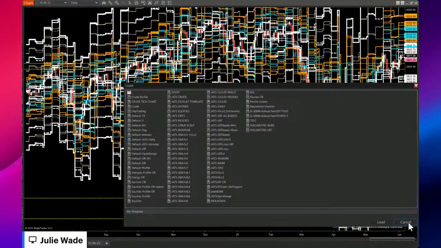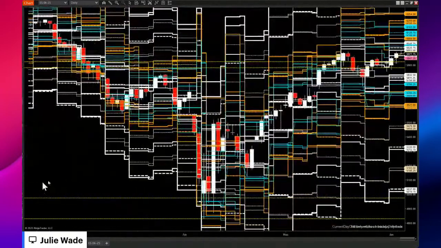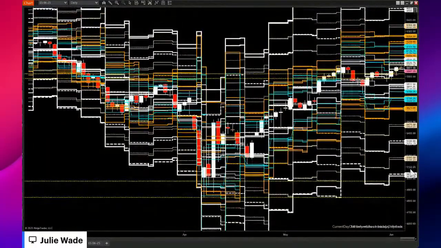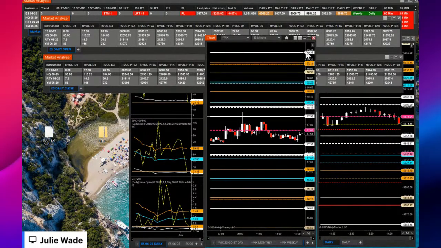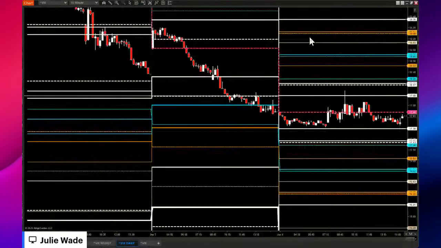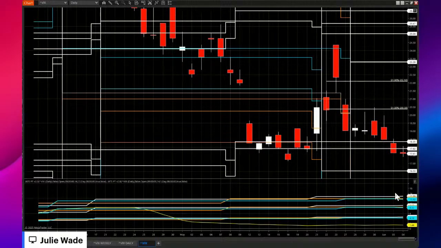But I did get rid of a bunch of templates that were not any good. But I have a term structure template that I use a lot for the VIX, and it's not on this chart. I would show it to you.